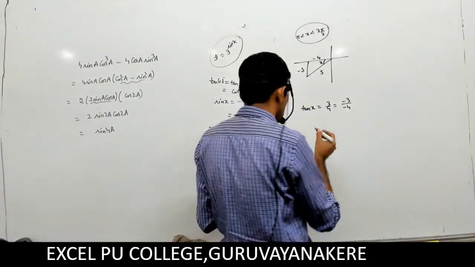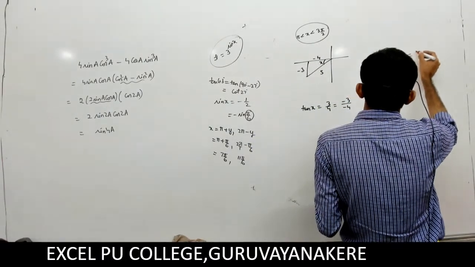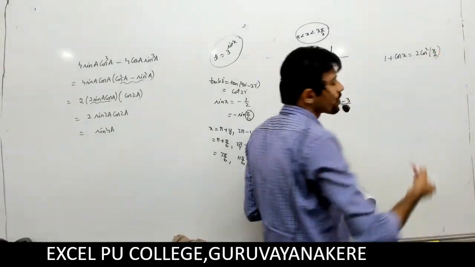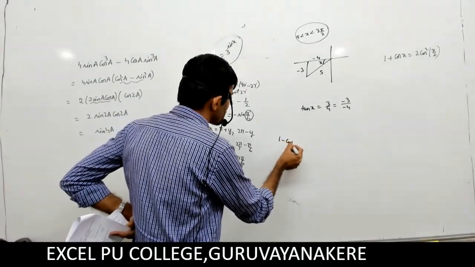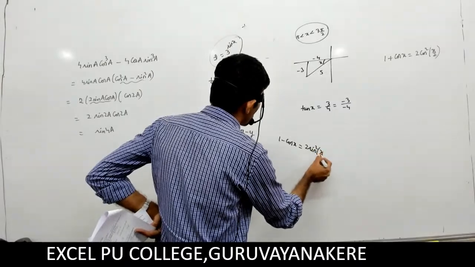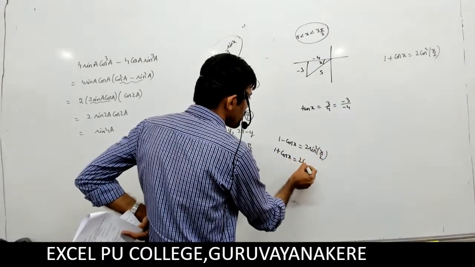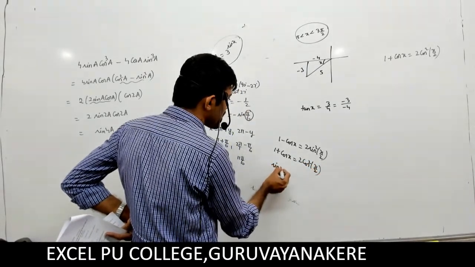To find cos x by 2, what is 1 plus cos x? It starts with 1 plus cos x. 1 plus cos x is 2 cos square x by 2, right? You know these formulas. 1 minus cos x is 2 sin square x by 2. Sin x is 2 sin x by 2 cos x by 2. 3 important formulas.